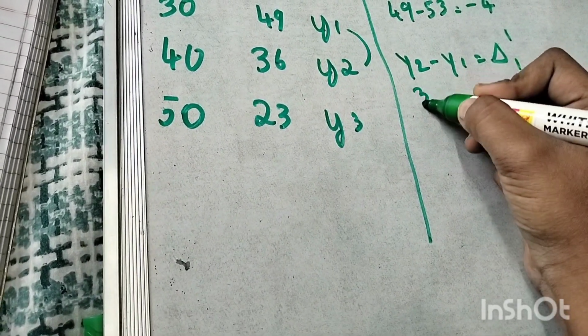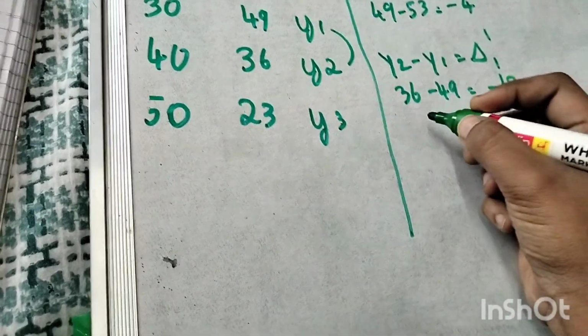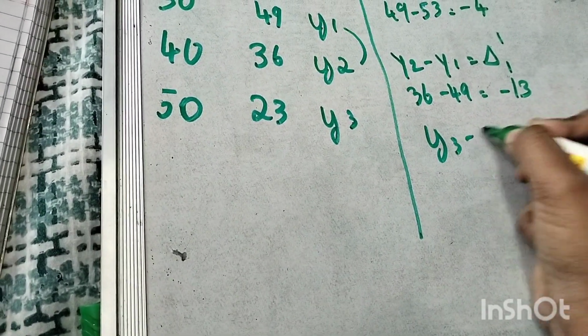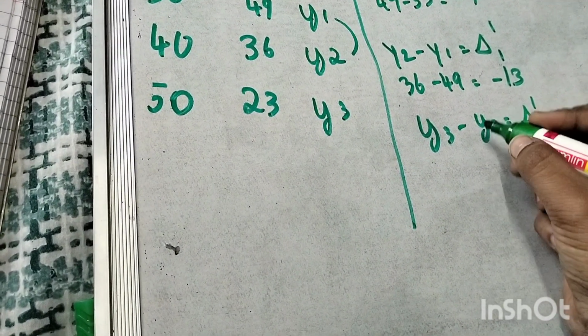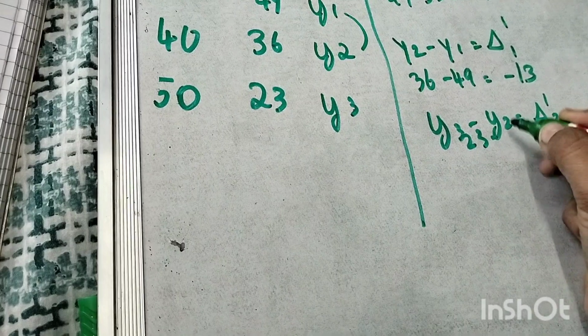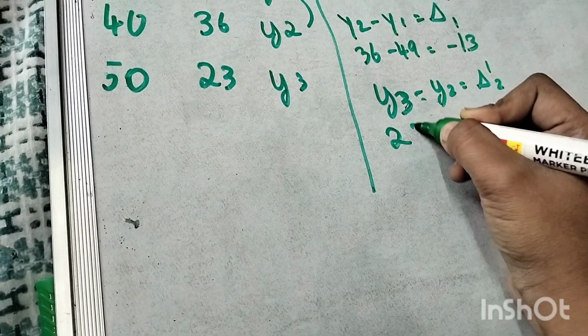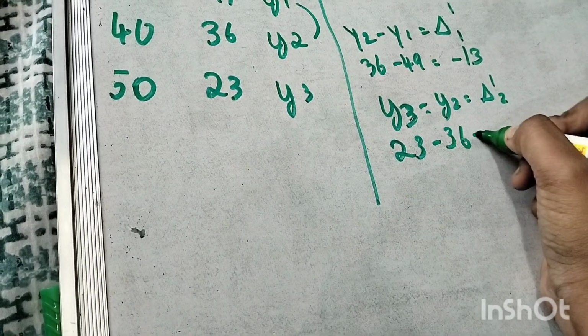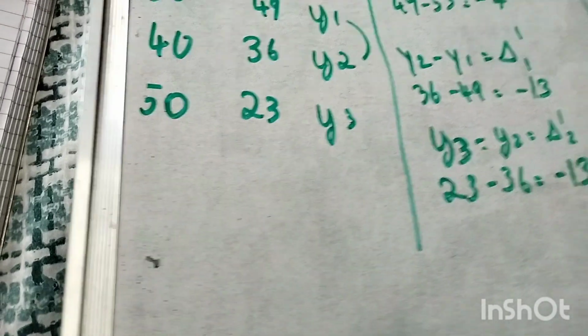So y2 is 36 minus 49, which is equal to minus 13. Next is y3 minus y2 is equal to delta 1 2, that is 23 minus, sorry, this is y3, 23 minus 36, which is going to be minus 13. So this is the first difference.